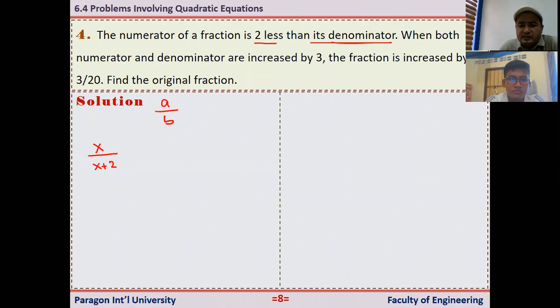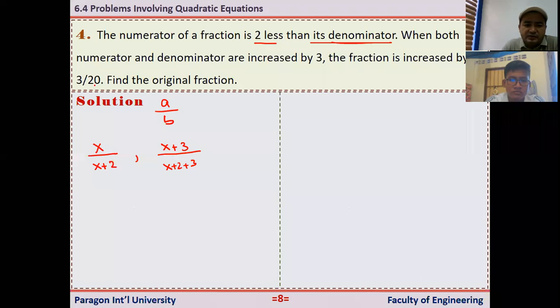Okay, the second case says that when both numerator and denominator are increased by 3, the fraction is increased by 3 over 20. So if I increase the numerator and denominator by 3, that means I'm adding 3 to the numerator and adding 3 to the denominator, right? As a result, this new fraction is greater than this one.